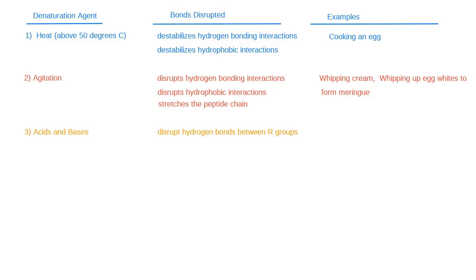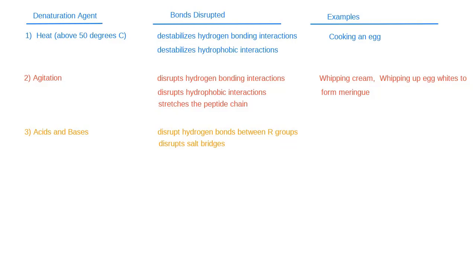If you think about it, if it's basic, it's going to protonate that acid, and therefore the acid will be neutral. It won't be negatively charged. You won't have the C double bond O minus. You'll have a C double bond OOH. So it disrupts salt bridges as well. It disrupts hydrogen bonds and it also disrupts salt bridges. Messes up salt bridges.